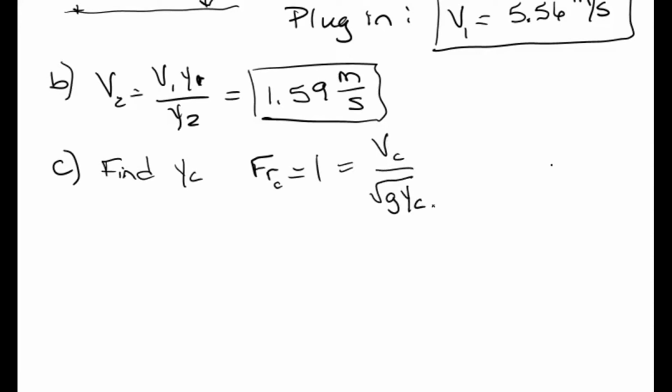All right, so this is all well and good, but the problem is we don't have V critical. Or else we could just solve for YC, just plug and chug like we did before. So we need one more equation because we have two unknowns in here. The easiest equation we have is conservation of mass, and it's going to work on pretty much any set of velocities and heights, as long as you're careful.